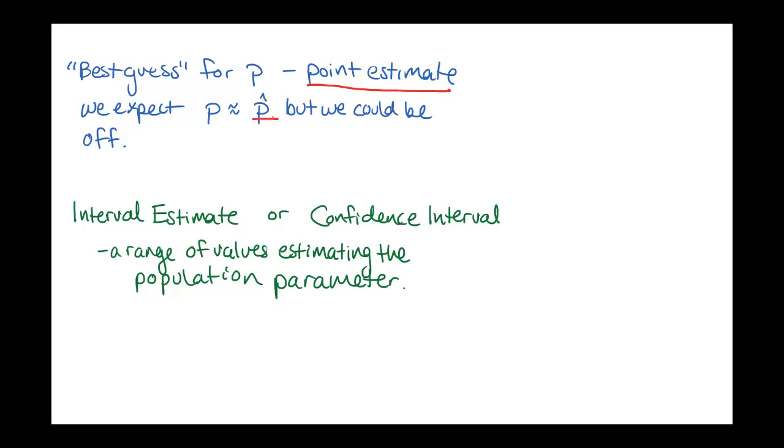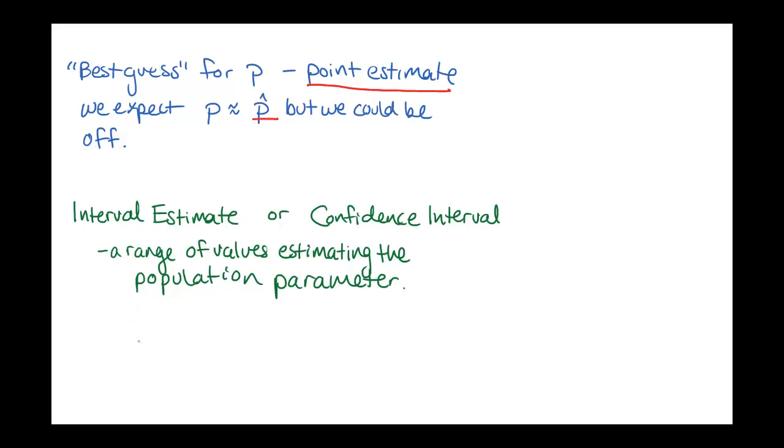However, we would not be surprised if we were a little bit off. So if it turned out that only 51% voted for our candidate, that wouldn't be surprising at all. We would expect that the population proportion was close to 52%, but we don't know exactly. In fact, we could be really far off depending upon how good our sample was.